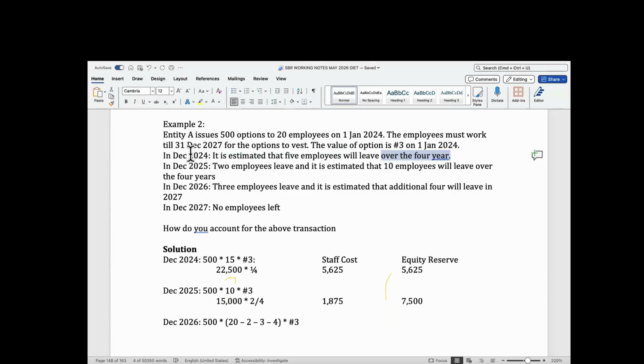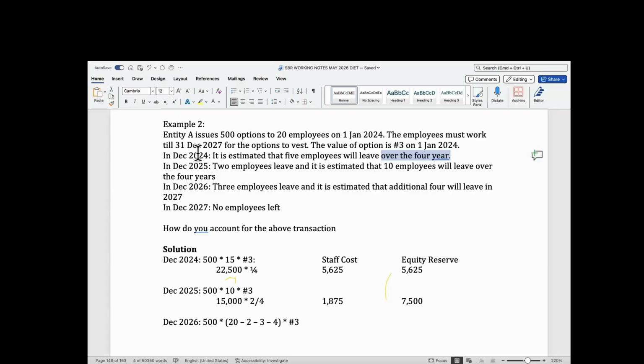So it's not like 5 left in 2024. They just estimated. So apparently, nobody actually left. We just estimated that 5 employees will leave, for whatever reason, over the 4 years.